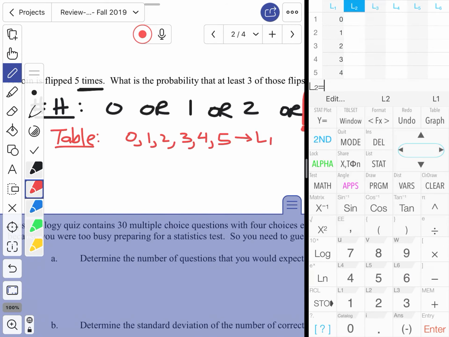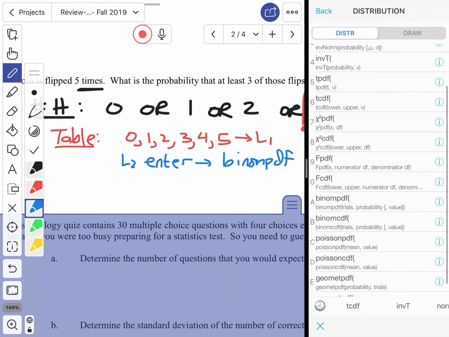All right. Then what I'm going to do is on L2, I'm going to hit enter. And then I'm going to select Binompdf. So you would have to hit enter onto the L2.